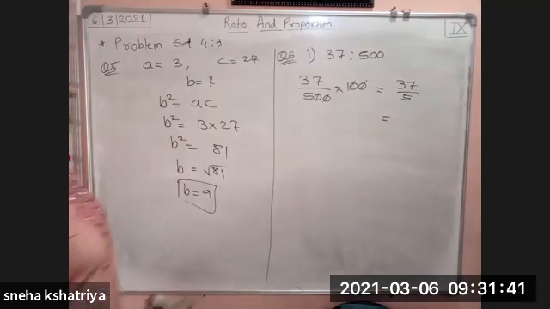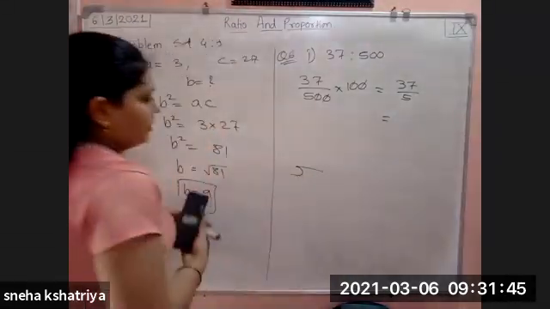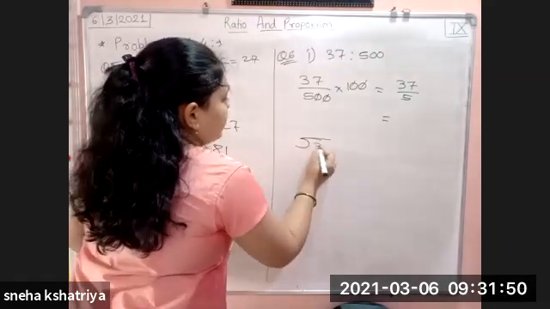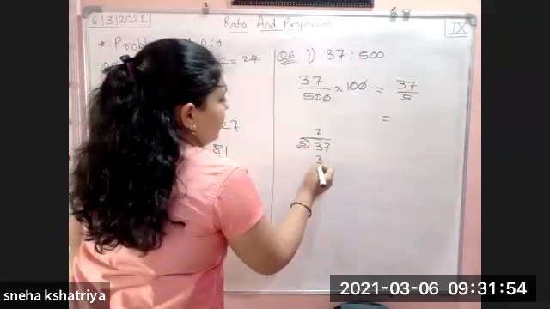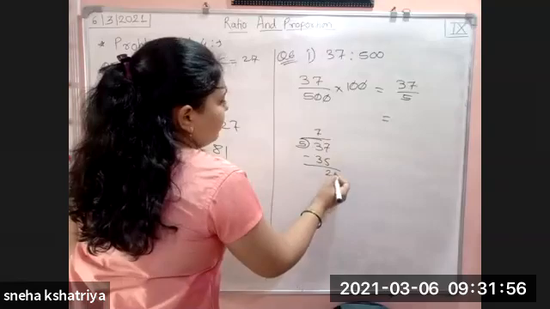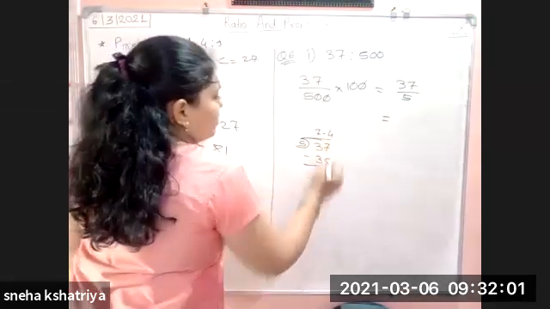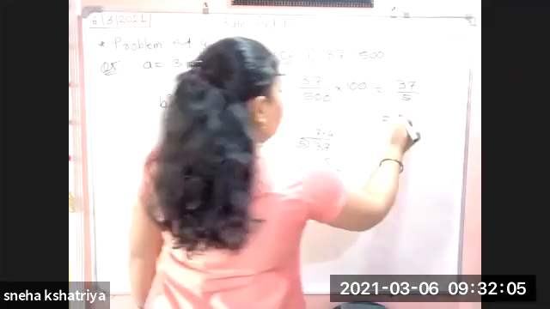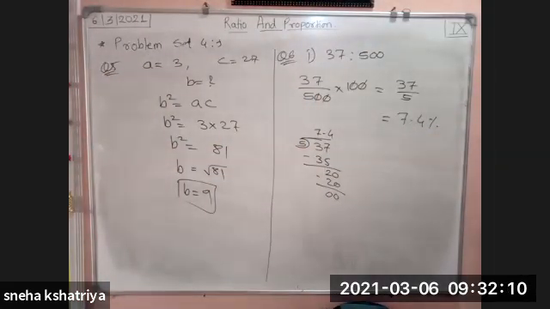This value will come in point, so we will divide it sidewise and write down only the answer. 37 divided by 5: 5 7s are 35. 2 remain, take a 0, so it will come here point. 5 4s are 20. Remaining is 0. So the division is 7.4%. So you will get the value 7.4%.